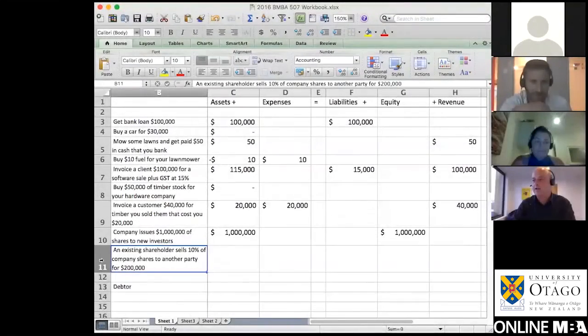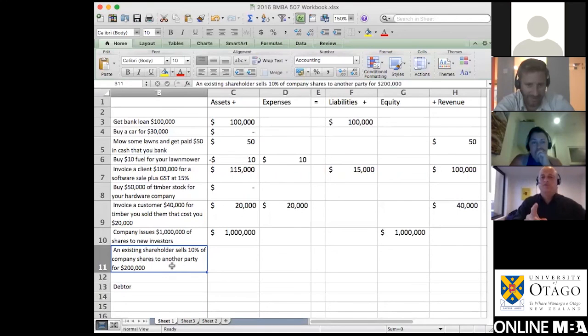So this one here, the existing shareholder sells 10% of company shares to another party for $200,000. So first question, do we understand the transaction? What's actually happened here? Okay, so an existing shareholder sells 10% of a company's shares to another party.